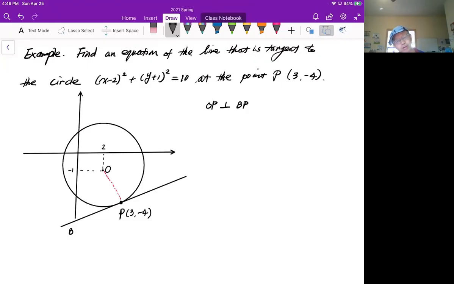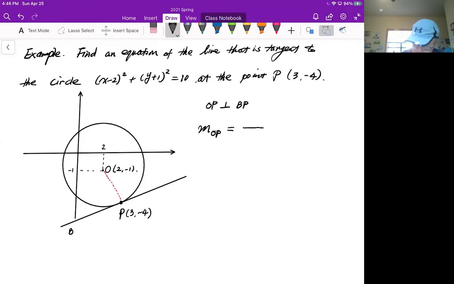The slope of OP is decided by the point O and the point P. O is (2, negative 1). I first need the slope of OP because I need the slope of the tangent line.